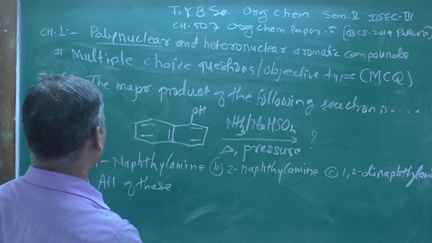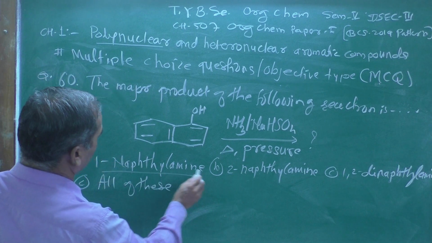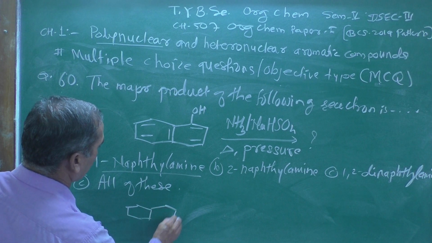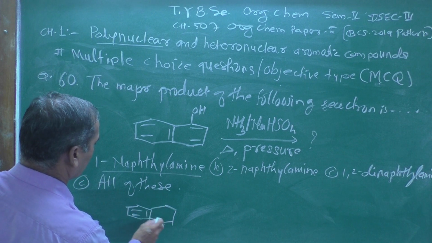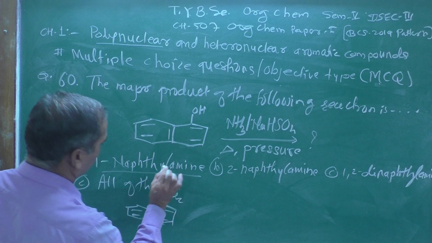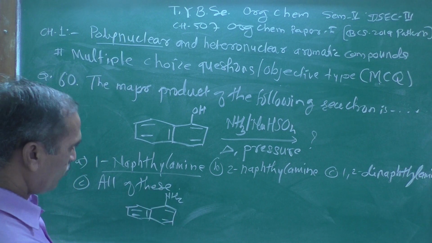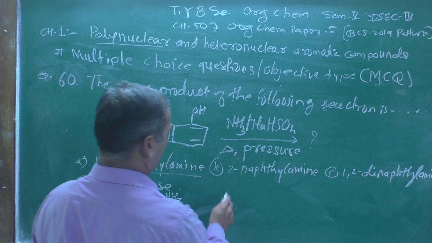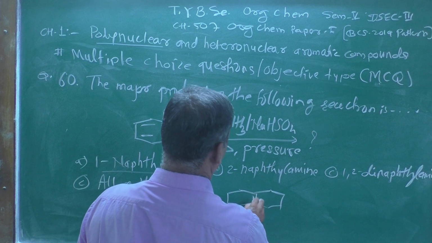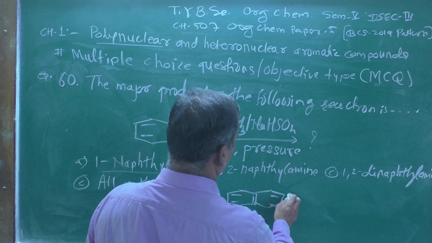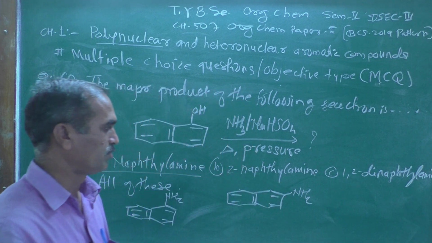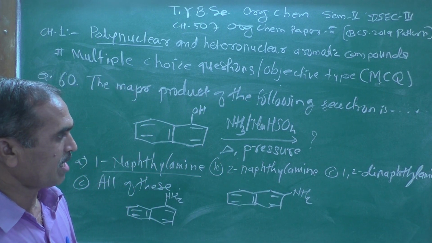First of all, 1-naphthylamine. What is the structure of 1-naphthylamine? Let us see here. Here an NH2 group is there, and this is 1-naphthylamine. 2-naphthylamine means what? Let's see here the structure. At beta position there will be an NH2, means at 2 position NH2, and therefore this is 2-naphthylamine.